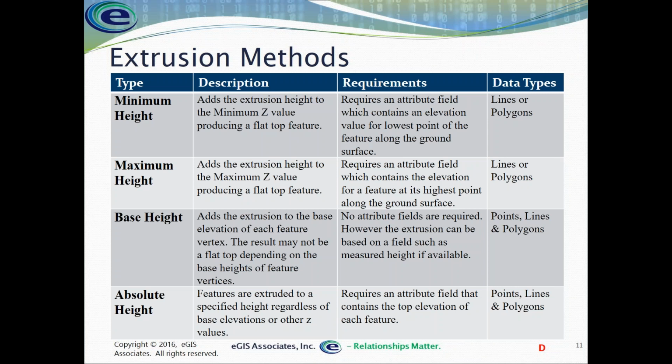So if you're at an elevation of, say, around 900 feet, like I am here in Georgia, and I have a building, I need to know that building's at 950 feet if it's a 50-foot tall building, if I want to use absolute height to do that extrusion, okay?